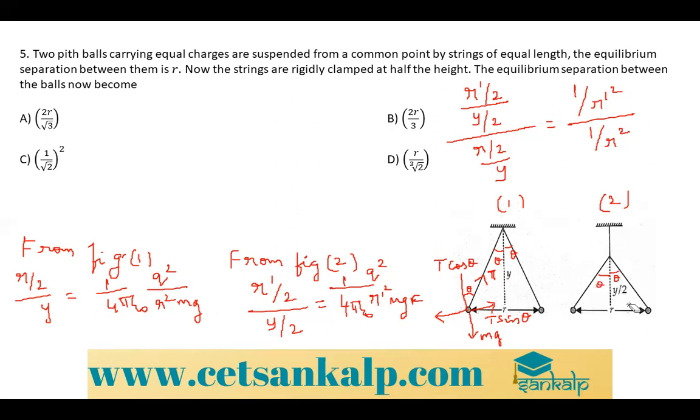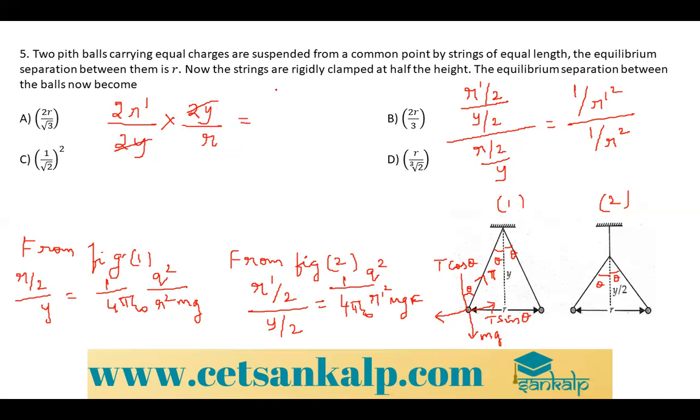To find r dash, using that you can write it as 2r dash divided by 2y into 2y divided by r. So 2y cancels.